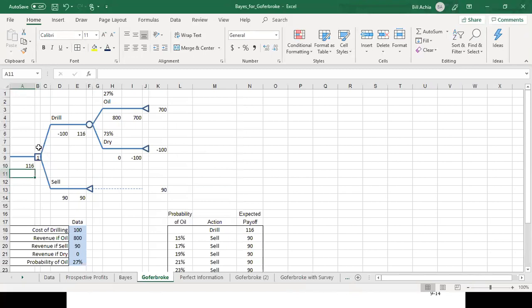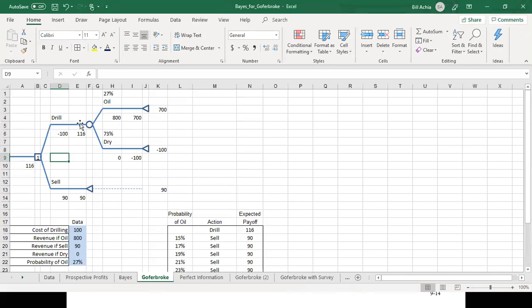The square represents a decision that whoever is making this decision has to make. That decision is subjective, and in this case it's a geologist who's going to make it. So this is a decision node, and the two options available to us here: you're either going to drill or you're going to sell, okay?